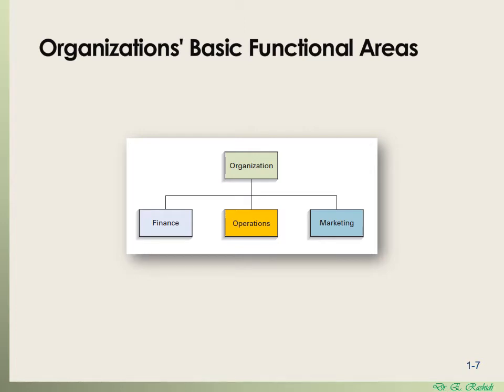Another basic functional area in an organization is marketing, which deals with targeting customers, attracting customers, and promoting the organization's output, whether it is a service or a product. So anything other than these two is operations. This is what we want to study in this class.